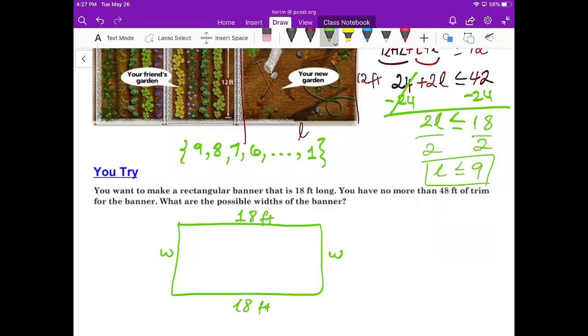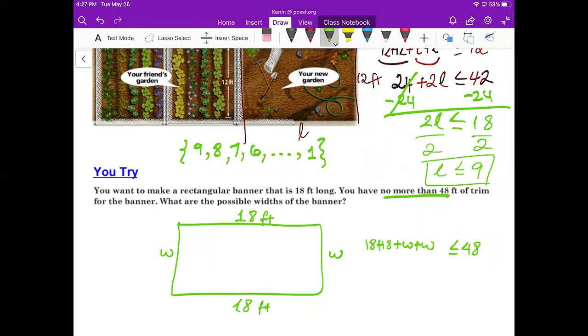It says you have no more than 48 feet. No more than 48 feet means the same as at most, okay? So you have 48, and whatever you calculate must be less than or equal to that. So 18 plus W plus W, that's the perimeter around the rectangle.